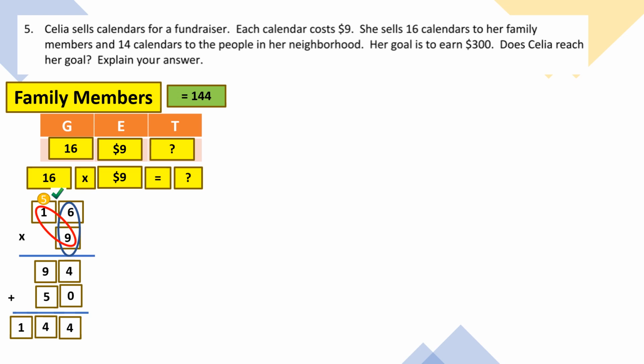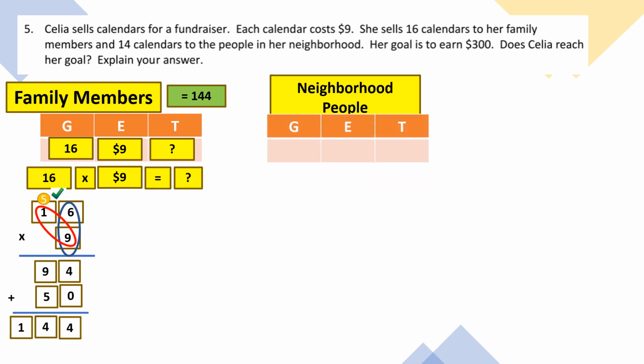Okay, so we figured out how much money she raised selling to family members. Now let's figure out how much money she raised selling to the people in the neighborhood. Okay, she sold 14 calendars to the people in the neighborhood, and each calendar was $9. And we're trying to figure out the total amount of money she raised by selling to the people in the neighborhood now.